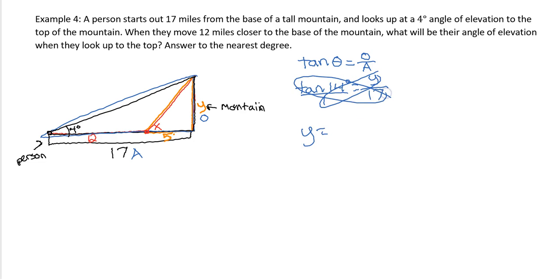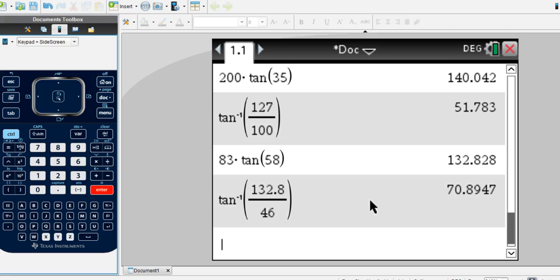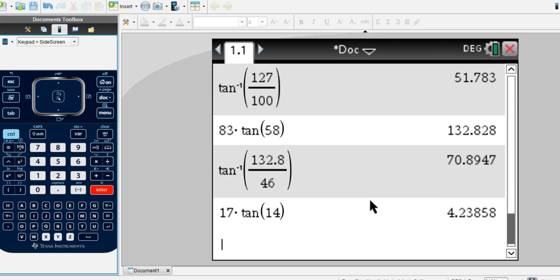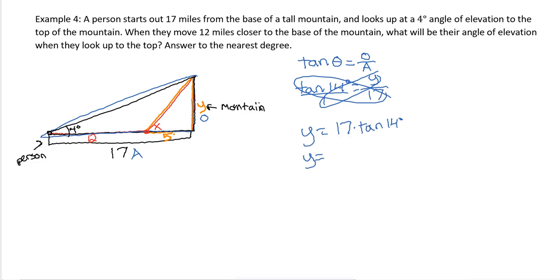And then I have 17 times the tangent of 14 degrees. So 17 times tangent of 14 is 4.2. So our mountain is 4.2 miles tall.